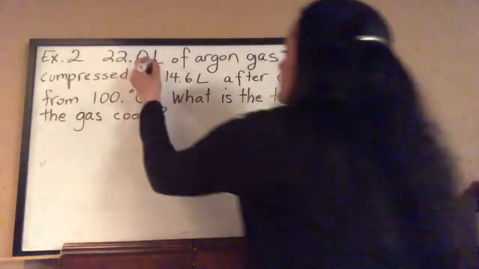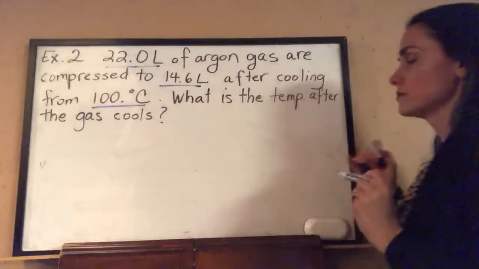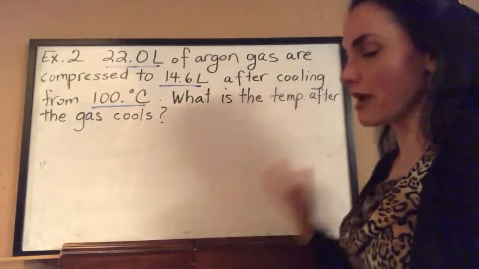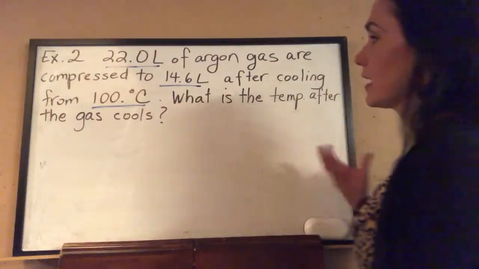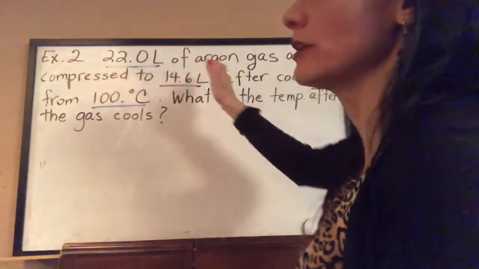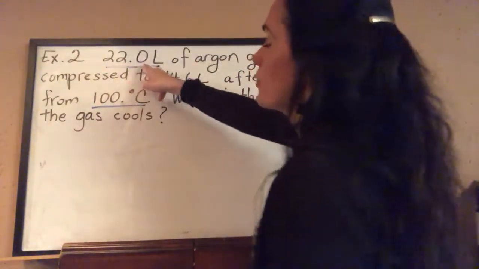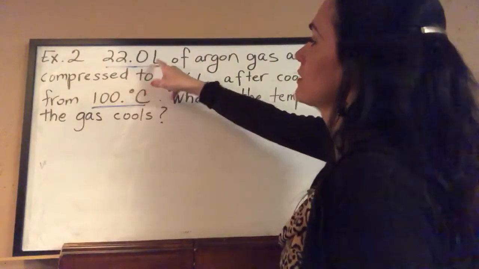Now, when you see problems in the textbook, you're going to see problems worded a little bit differently, but the math is the same. Always look at what parameters you're given in the problem. You're given numbers with units. The units are your friend, okay? Let you know information that you have. You have a volume, 22 liters of argon gas.